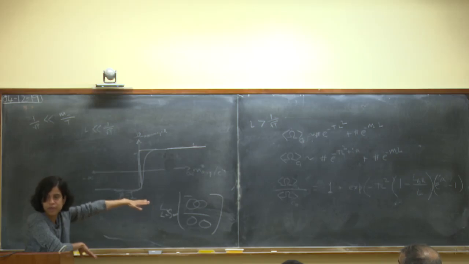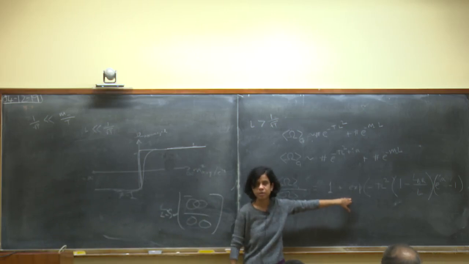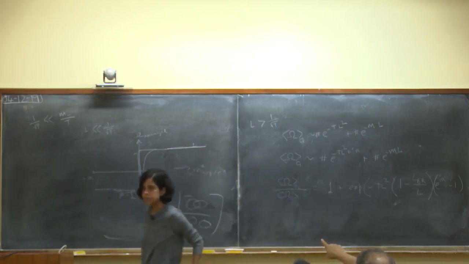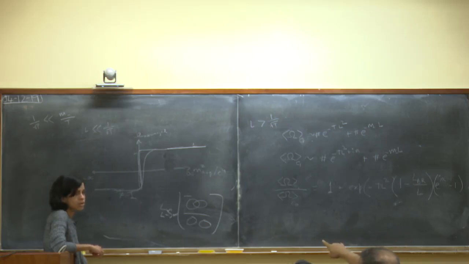If quantum corrections could actually overrun this correction that I have written down, that's one thing. The other thing is that even to arrive at this result, you do need m square by e to the power 4 to be large. It has to be large, but it doesn't have to be infinite.